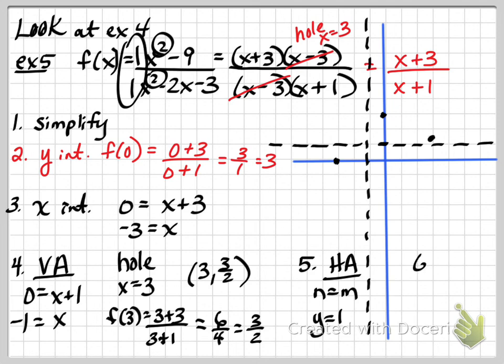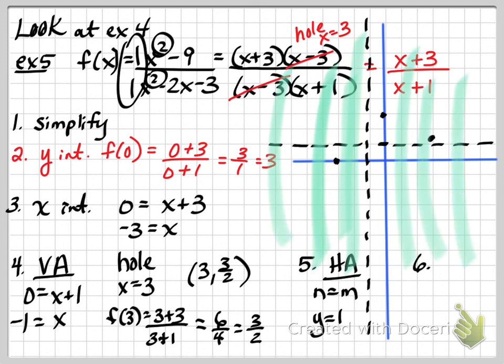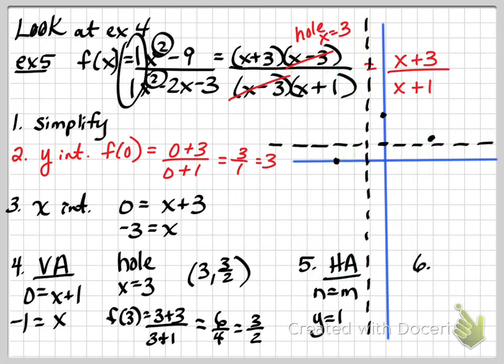So whether or not we have to do step 6 depends on if I have points to the left and to the right of the asymptotes, so I know where to sketch my graph. And I do. We don't actually have to plot any more points. We can feel pretty confident that our graph is going to look like that, going through those points.